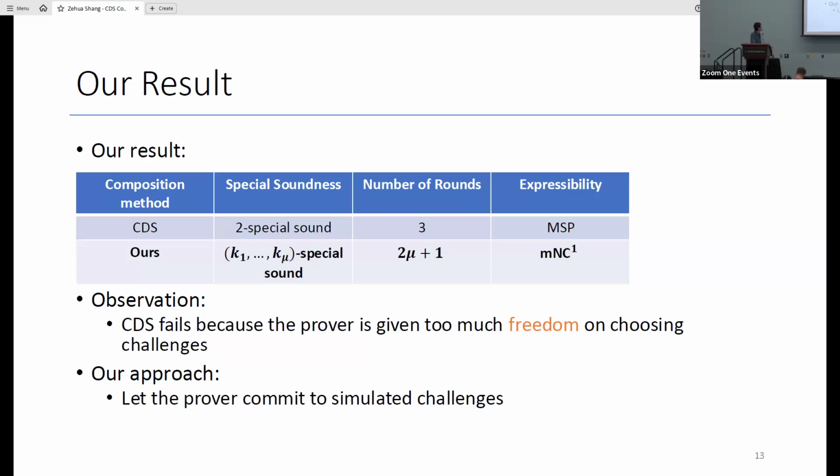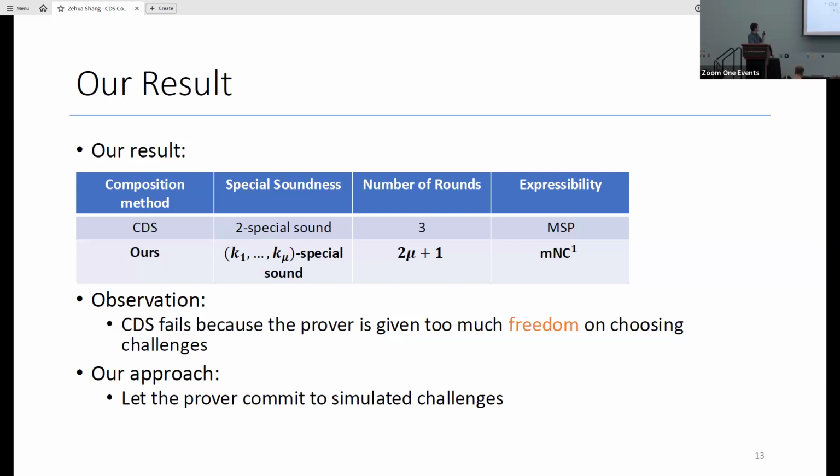So here comes our result. In fact, we generalize the CDS composition framework, and our framework works for 2μ+1 round (k1, ..., kμ) special sound public-coin interactive proofs, which satisfy the access structure of monotone NC1 circuits.